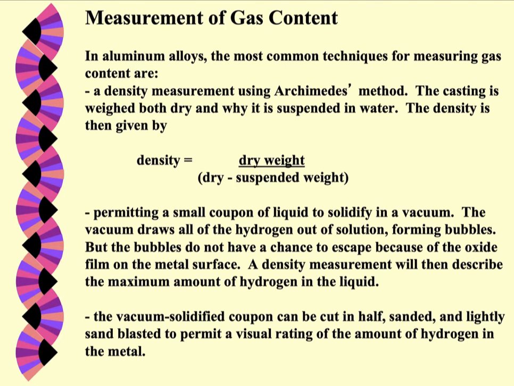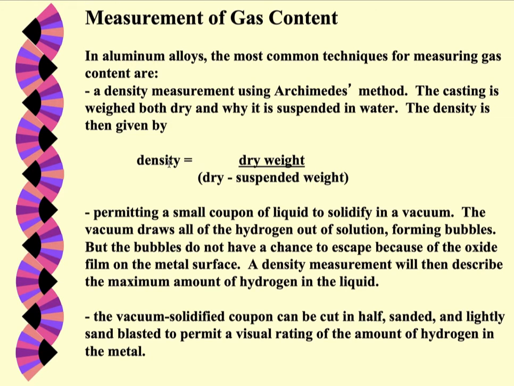Okay, so you use this formula in lab. The density is equal to the dry weight over the dry weight minus the suspended weight. On the top you have the mass. On the bottom you have the mass minus the suspended weight, basically the buoyancy force, which is equal to the volume.